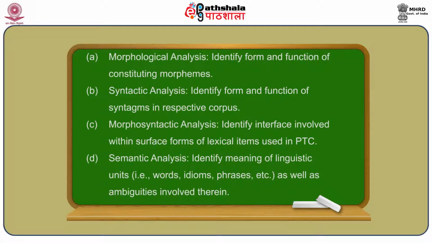Number three is morphosyntactic analysis, where we try to identify the interface involved in surface forms of lexical items used in a parallel translation corpus. And number four is semantic analysis, where we try to identify the meaning of linguistic units which are used, as well as the ambiguities involved therein.